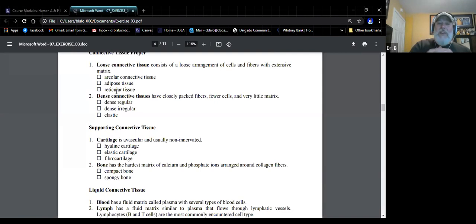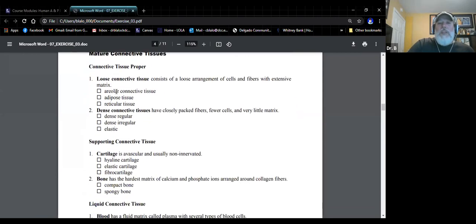So I'm going to be identifying some structures as we go through these as well. We're going to talk about the functions of these tissues, and where we can find these different tissue types. So just like epithelial tissue, those are the things that you need to know about these individual tissues. The first group is our loose connective tissue.